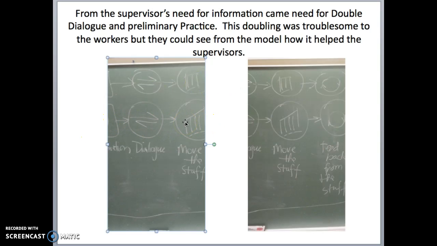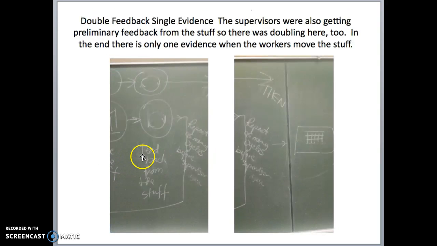And from doing the model, the workers understood why the supervisors talked so much, because they didn't really have this information. They had to go through it and practice it in their head and see how it fit, and get some feedback and touch the stuff and see how big it was and whether it would fit through the door or the hand truck was big enough or whatever. So that just shows the double there and then the double here.